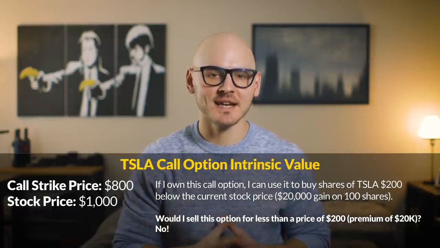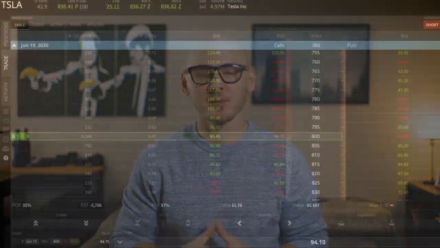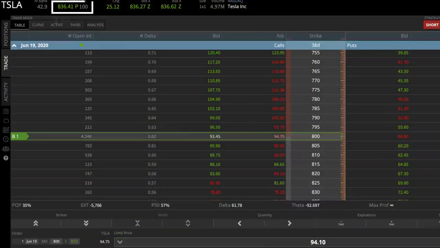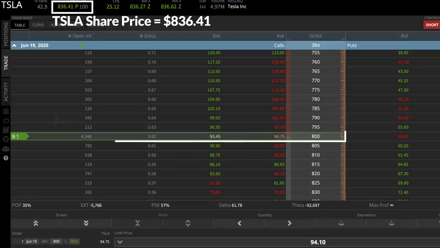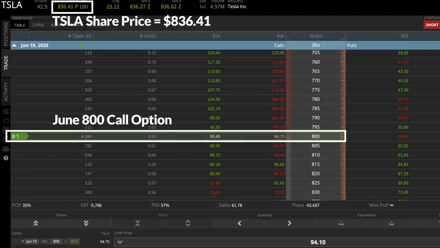So let's go to that Tesla call option example and look at the image where the stock price was currently at around $836 per share. In this image, the share price of Tesla is $836.41. And again, we are looking at the call option with a strike price of $800.